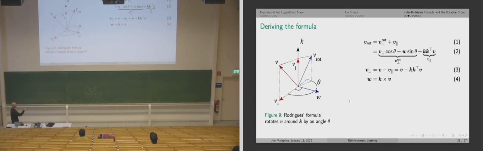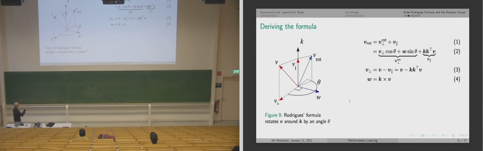Okay? And then V parallel, we can simply express it. Remember from the geometry lecture, this operator is simply the orthogonal projector of a vector. So if I multiply K transpose by V, I will just get the orthogonal projection on that line here. So it will be V parallel.